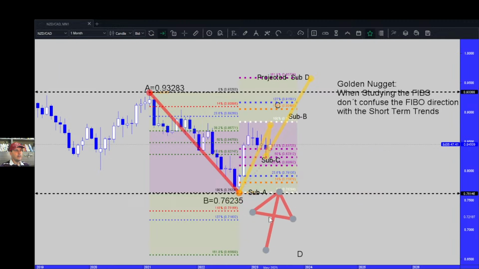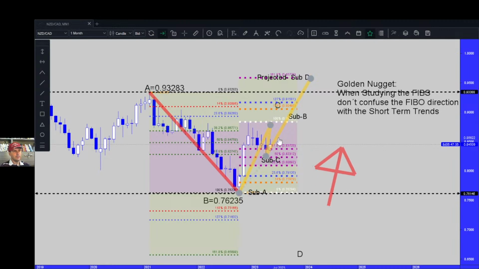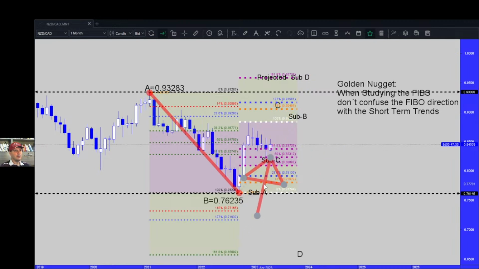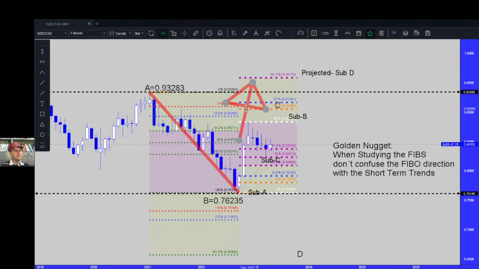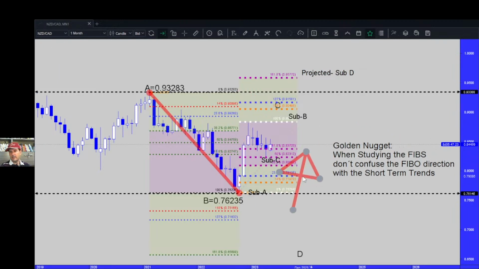Sub A, white. Sub B, white line. And because violet goes to violet, sub C, violet goes to violet, right, Broto? Right.